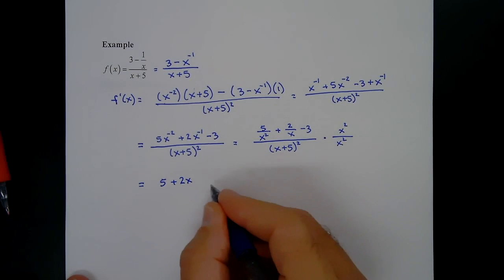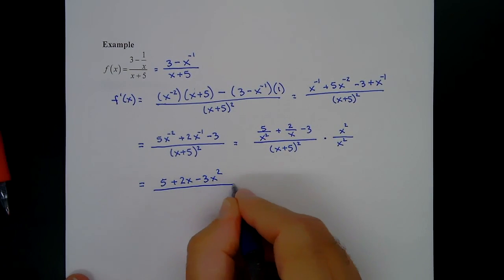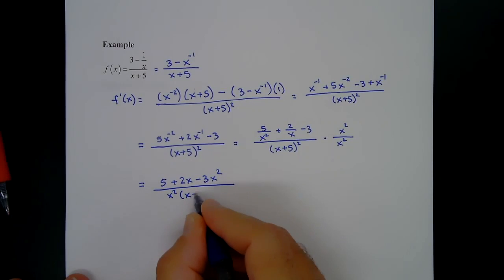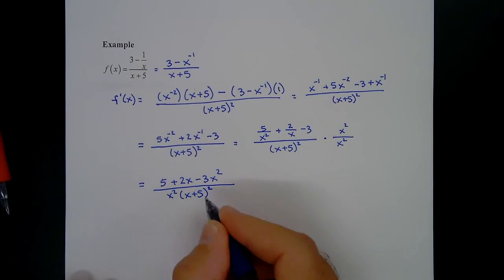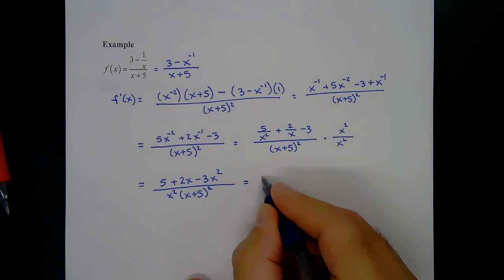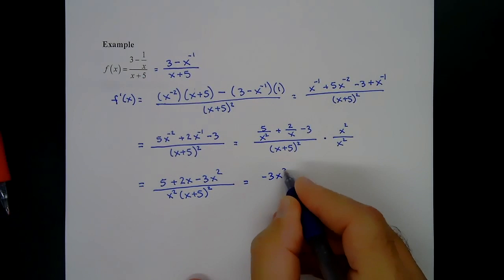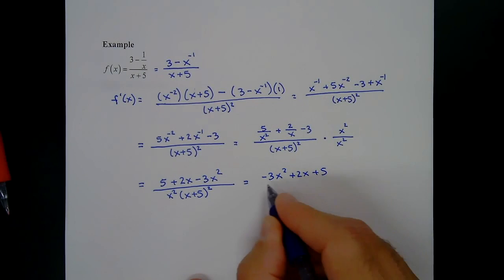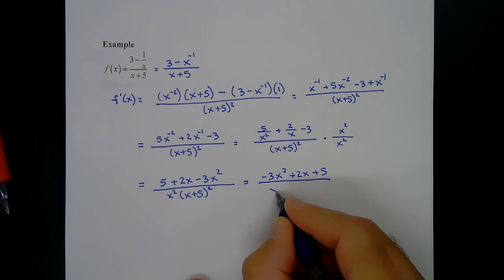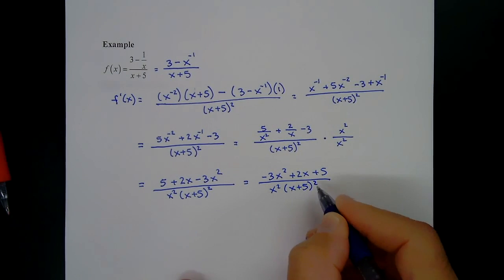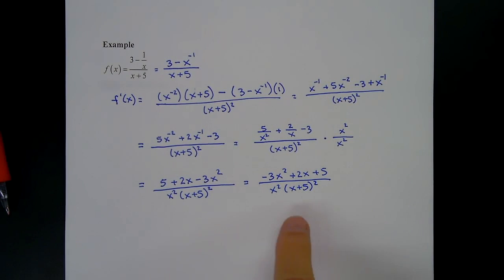And then minus 3x squared over x squared times x plus 5 squared, which winds up being negative 3x squared plus 2x plus 5 over x squared times x plus 5 squared. Now, and that's your final answer right there.